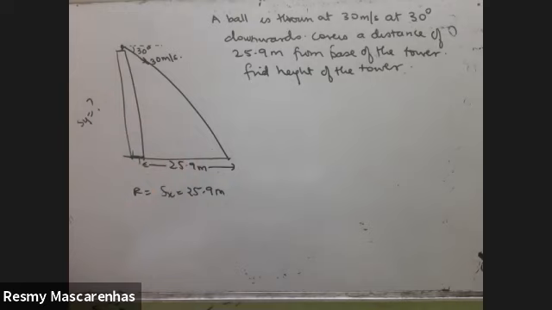We will write all the components quickly. If this is the arrow, it will always have an x component and a y component.